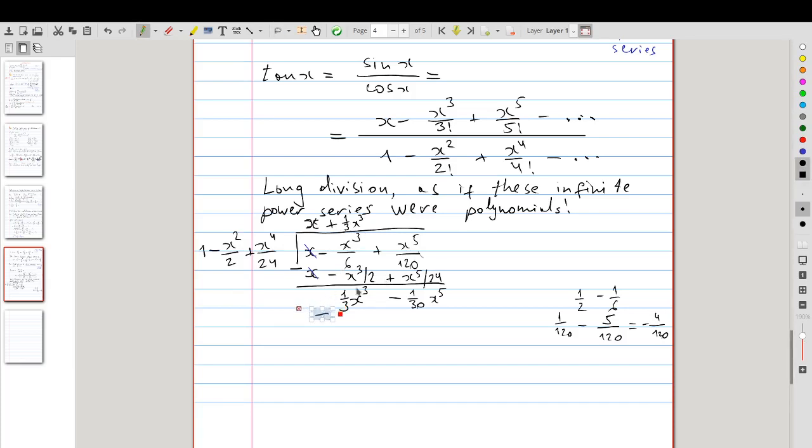What I'm subtracting is 1/3 x cubed minus 1/6 x to the 5th. And then I have plus 1 over 72 x to the 7th.